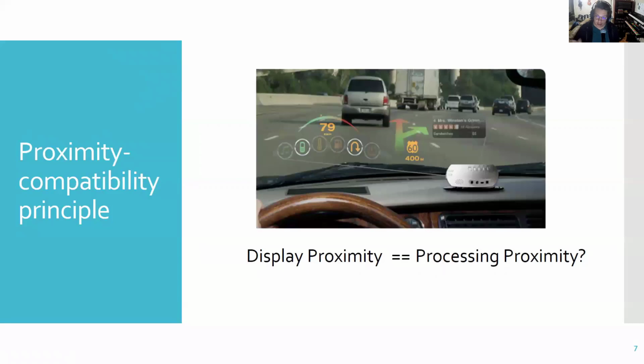So this is where advanced displays like heads-up displays, maybe with this sort of configuration, now our main focus of the roadway and the secondary display we need of speedometer or the gas level. Now we're making them, since they have such high processing proximity, maybe this is a way to increase the display proximity. So I'm better associating with that, or I'm better applying that proximity compatibility principle.